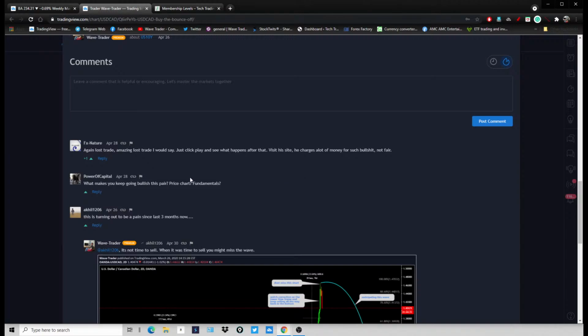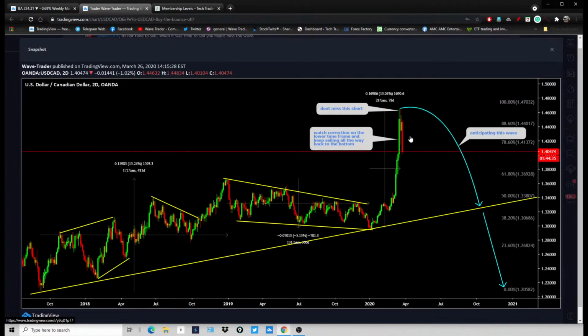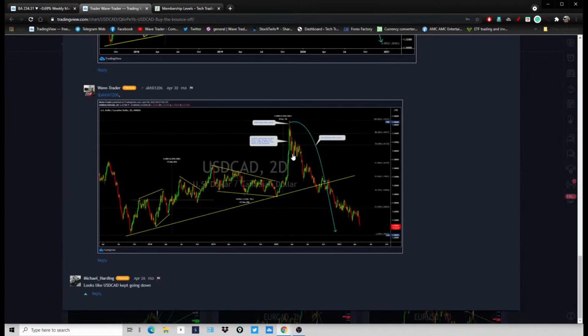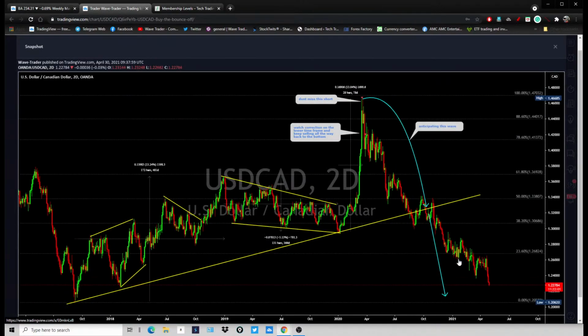When it was hitting 148, that was the time to sell dollar CAD. You might not feel good going short at that time, as it was strongly trending upward, but that was the time to sell this pair from that top. Since then dollar CAD has been heading lower all the way to 120.